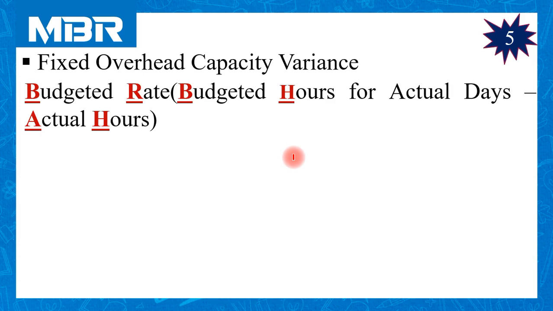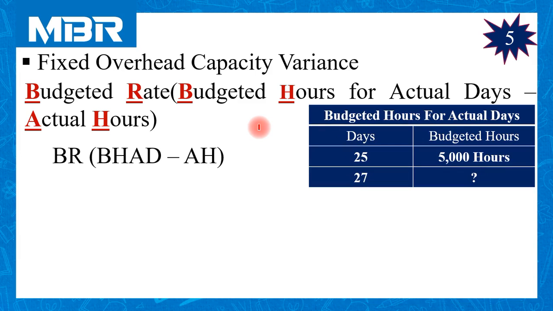Budgeted rate into bracket budgeted hours for actual days minus actual hours. Budgeted rate, budgeted hours for actual days BHAD minus AH, that is actual hours. Now insert the calculation of budgeted hours for actual days first. Without calculation of this item, it is not possible to calculate fixed overhead capacity variance.